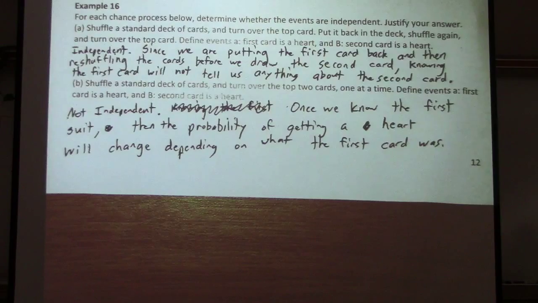If you draw a heart on the first card, the probability will go down of getting a heart the second time, because there's one less heart to choose from. If you get a non-heart, the probability will go up, because now there's less non-hearts to choose from.